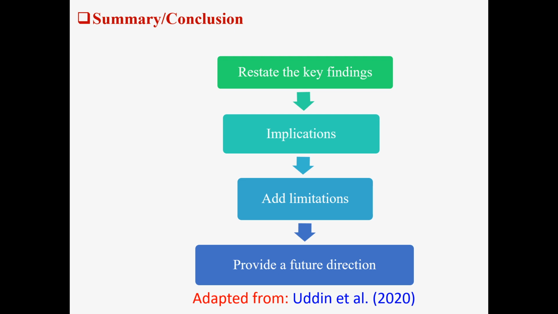Then, as the brother said, provide the future direction. They will read your paper and recommend, okay, in future, like in my paper, I said the future can use a long-term data set or can use this model or that model, and we kept this knowledge for future use. When I'm reading your paper, I ask what the future direction is. You missed this knowledge, so this is a knowledge gap, and I will do this research.